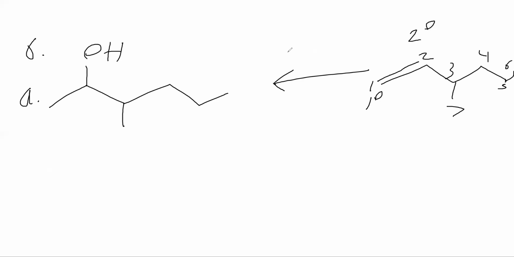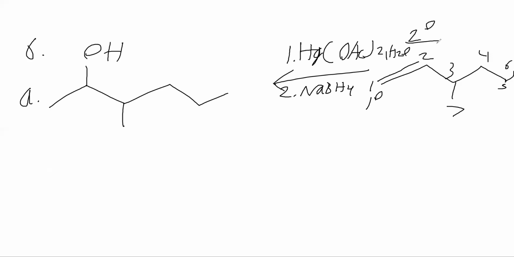It came up pretty recently in the last question. Let's see, oxymercuration and demercuration. Because that leads to Markovnikov addition of the alcohol, and the Markovnikov favors the more substituted spots, a secondary. That's why it goes to carbon 2.